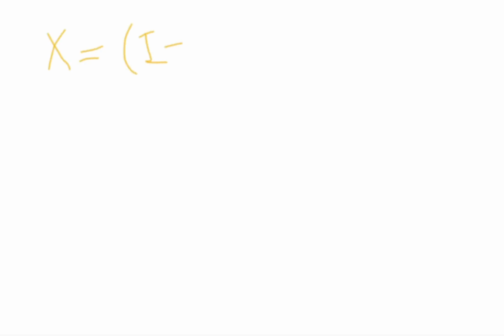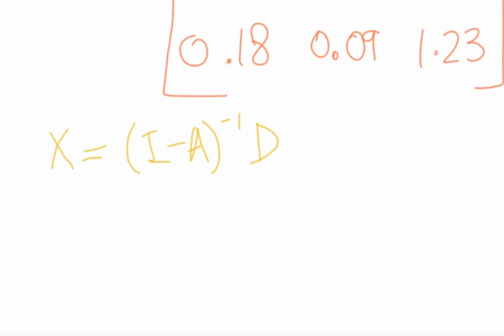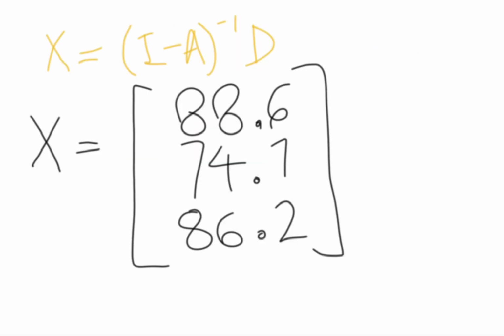Remember, it is x = (I - A) inverse d. The d vector is already given to us, and (I - A) inverse has been calculated by us. Now what's left is a simple matrix multiplication. This would give you the x vector. This is the value. This is the final answer expected out of part 3.